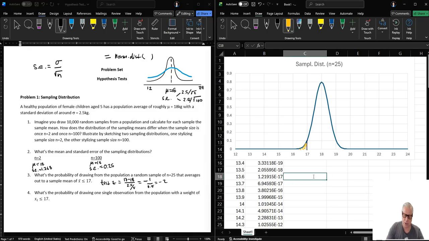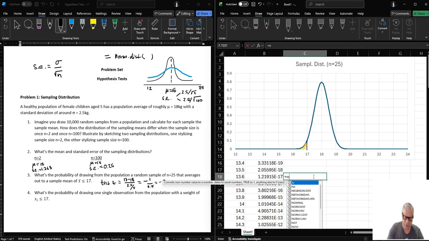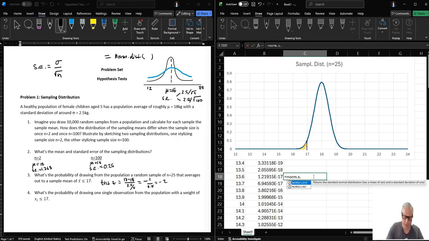And that is equal to, so now we have to use the norm.s.dist. So we do norm.s.dist because now I want to know the value in the z table, which is the standard normal. I want the area to the left of -2, and now I want it cumulatively because I don't want the y value, I want the entire area to the left.